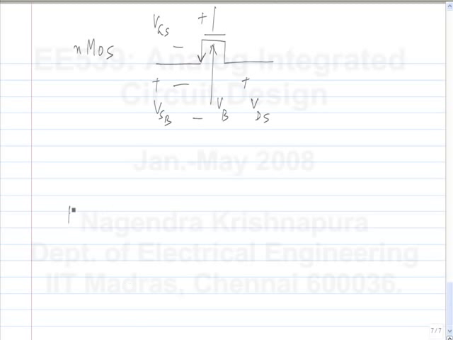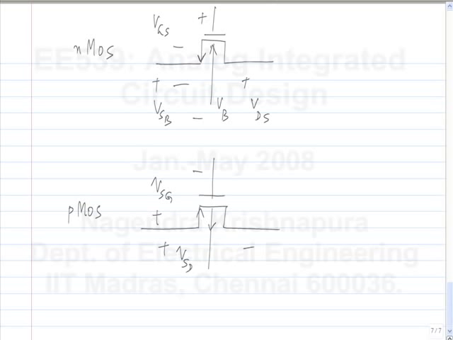A PMOS transistor will have a positive VSG, positive VSB, and the current will be like this, right? This is going from drain to source. Here it is going from source to drain. Okay.